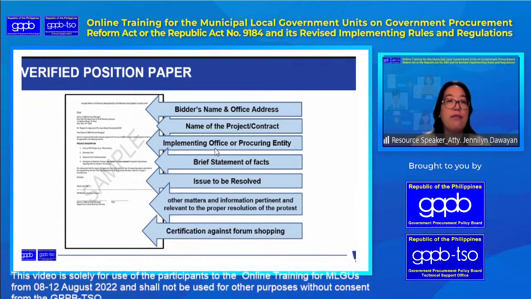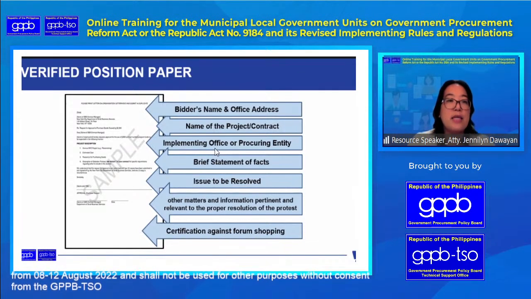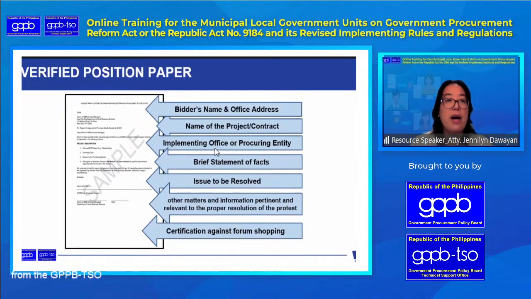And on the part of the evaluation of the BAC through the assistance of the BAC TWG or the BAC Secretariat, sometimes they assist also in some of the proceedings.